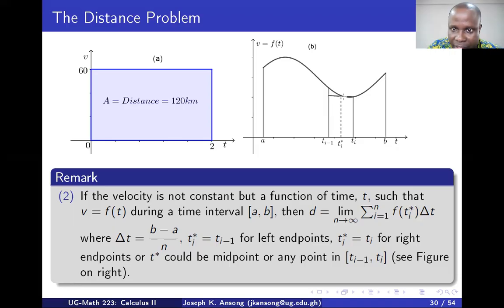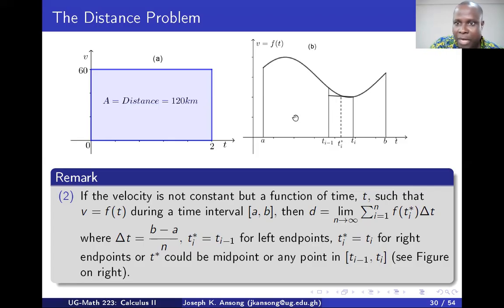If we take sample intervals and take a rectangle, and the width is delta t, and the height is given by f of ti star, then if I multiply this by the height, I get the area of this rectangle. That area will be the distance traveled within that short period.